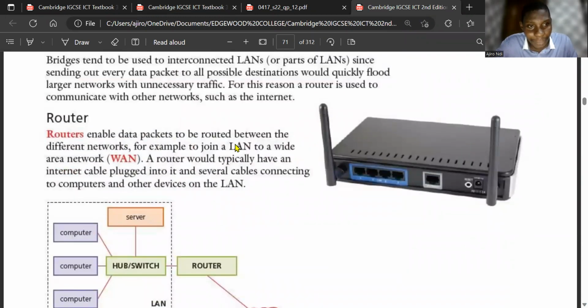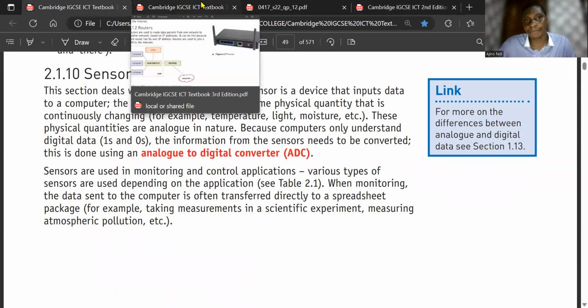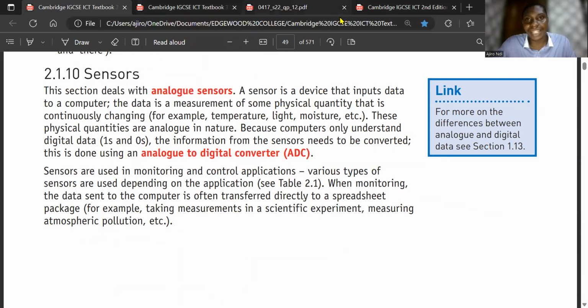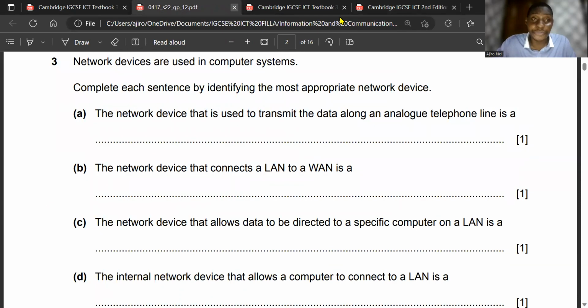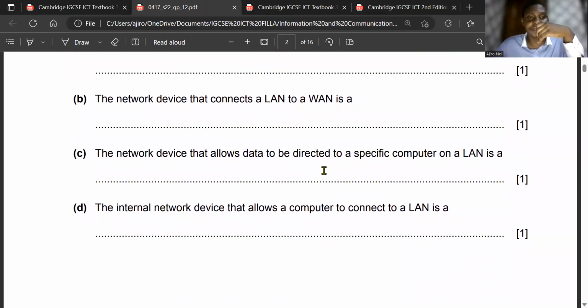Routers enable data packets to be routed between different networks, for example, to join a LAN to a WAN. So they will set based on the textbook. I can understand why that is a bit confusing. So it is a router that does this. Then the C part, the network device that allows data to be directed to a specific computer on a LAN. I believe everybody knows this now. What is the answer?